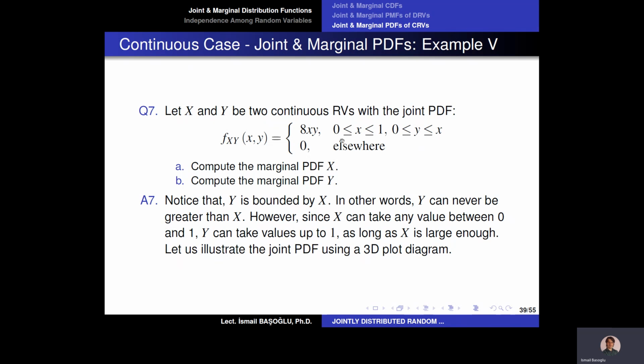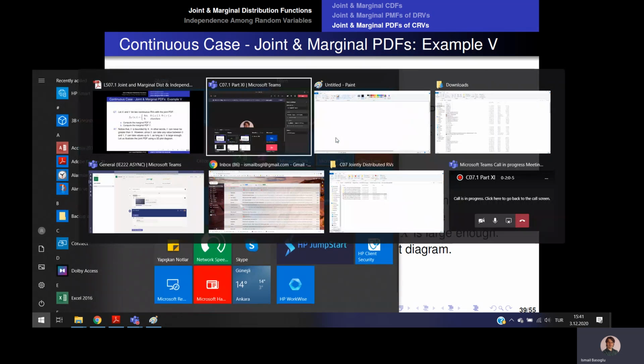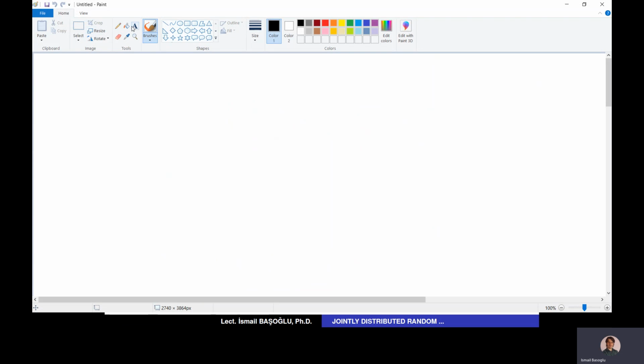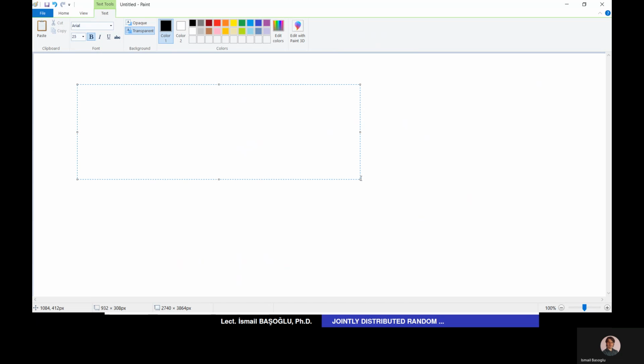In fact, instead of defining the possible values of these random variables like this, we could have also used another way of doing it. So we could have just said that the second random variable y can take any value between 0 and 1.